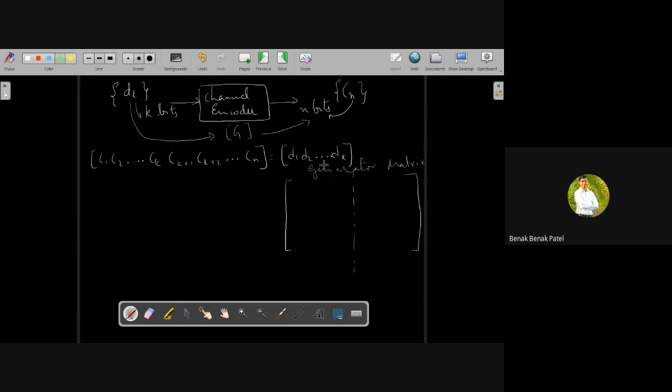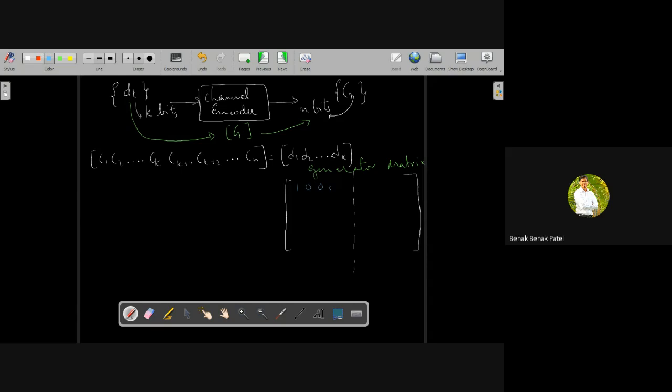That is what I'm trying to depict over here. And this generator matrix will be somewhere in this channel encoder. In turn, this generator matrix has two halves in it, and this dotted vertical line that I have drawn is the demarcation line, such that the very first half is an identity matrix.